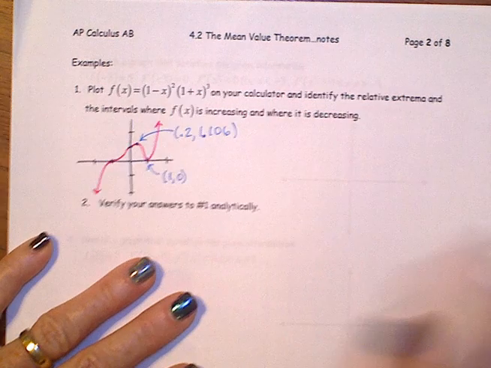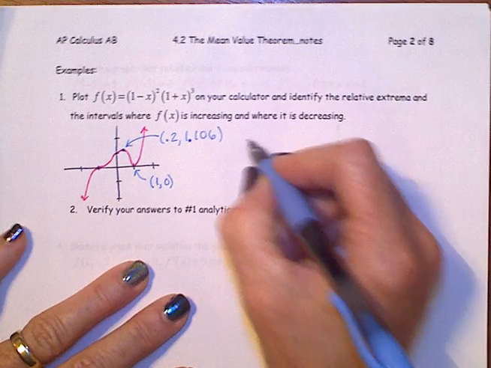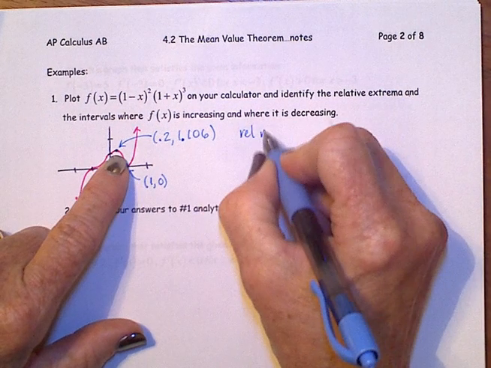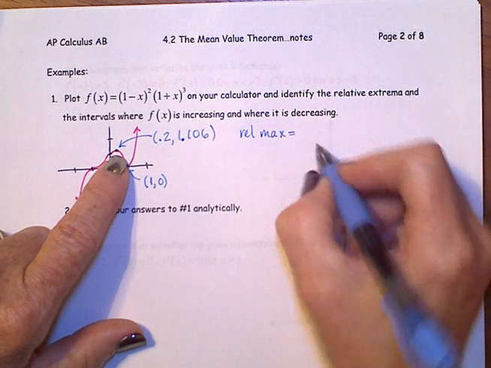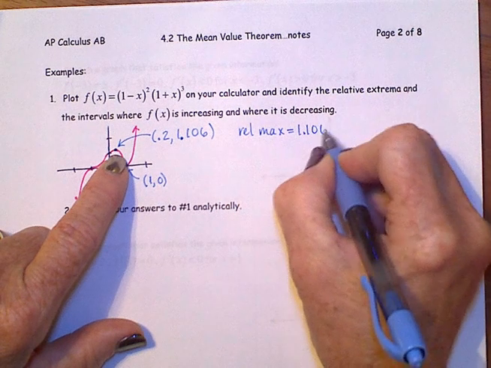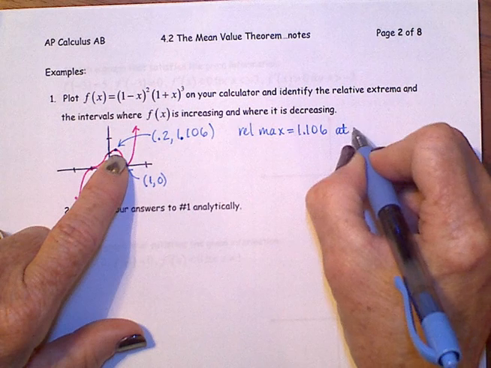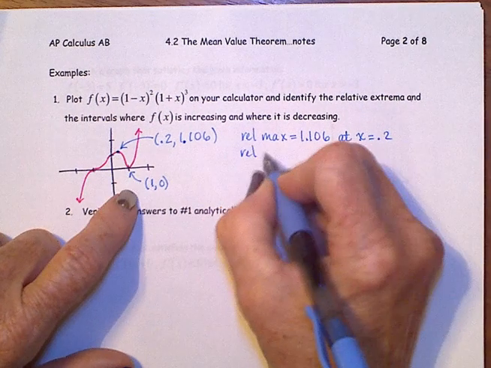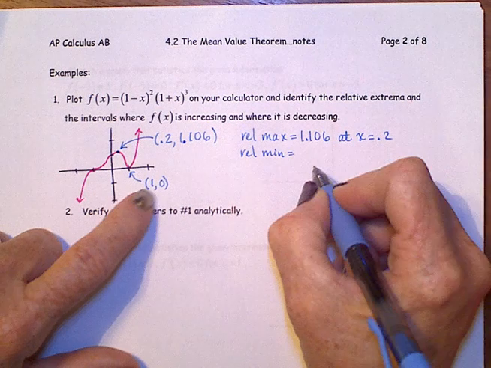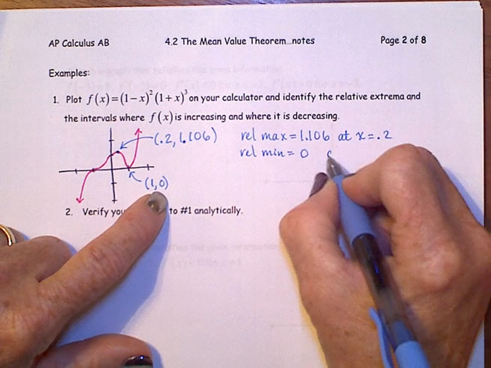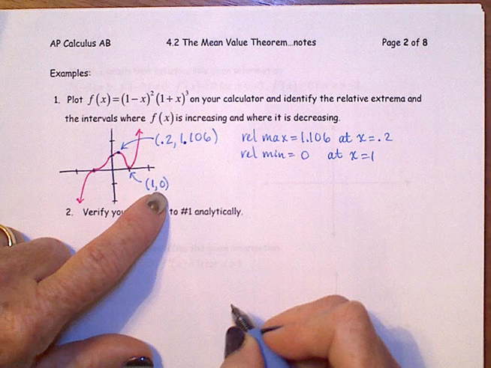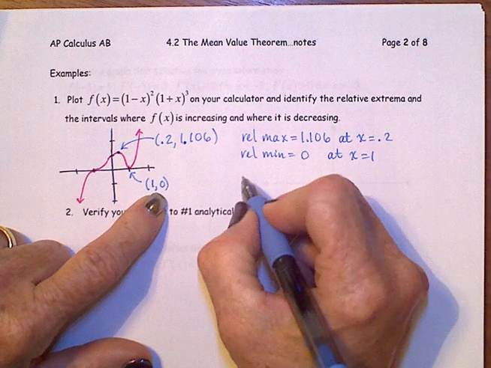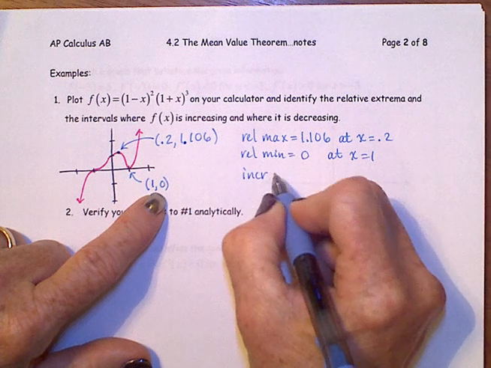When we look at this then, we see that we have a relative max equal to 1.106 at x equals 0.2. We see a relative minimum equal to 0 at x equals 1. And then let's identify increasing and decreasing.